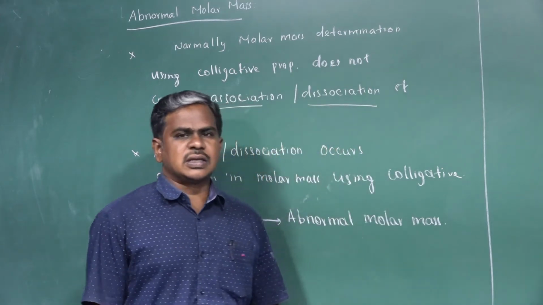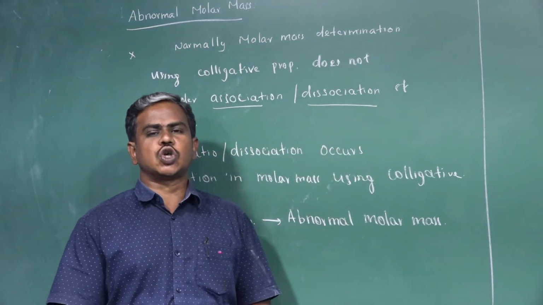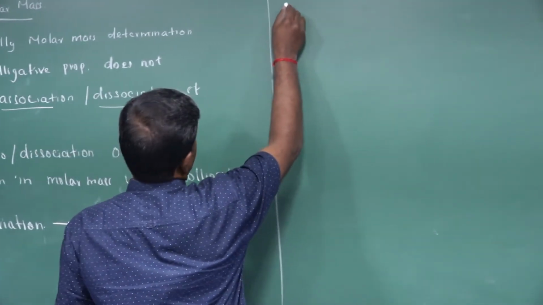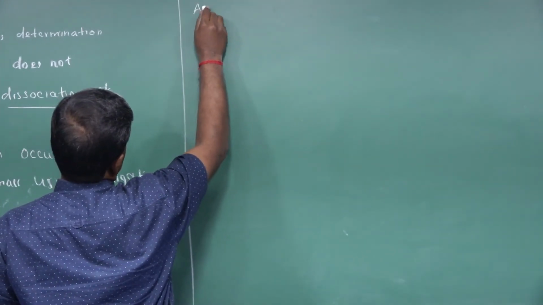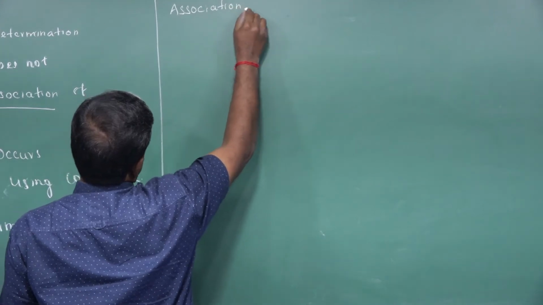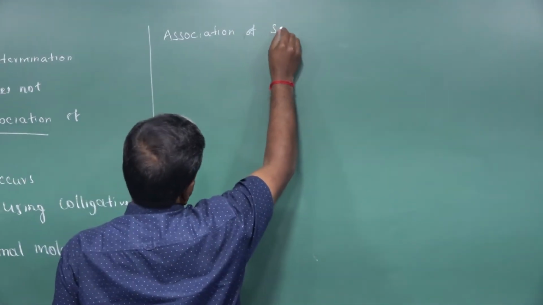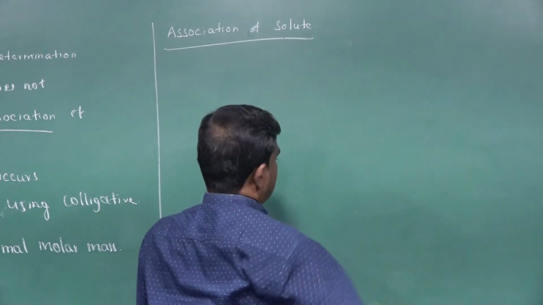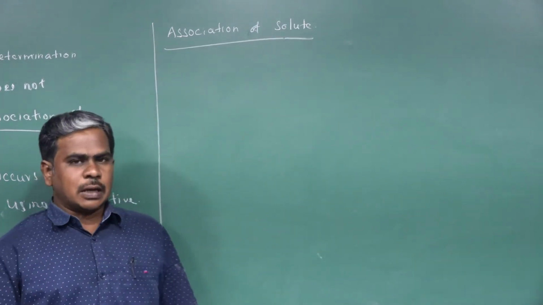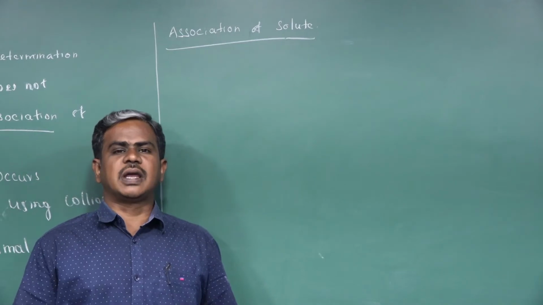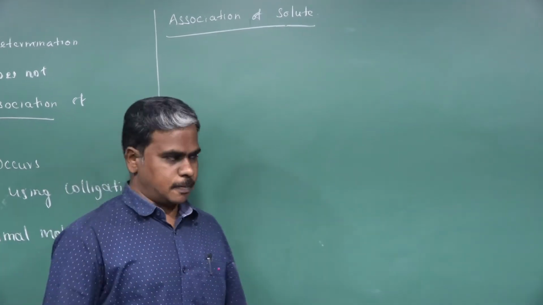If we take association of a solute particle, what is the deviation? Some solute particles get associated and become dimer or trimer.